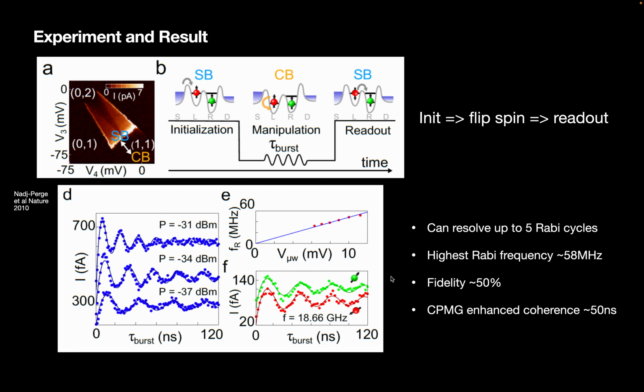They also try to use dynamical decoupling sequences, which is the CPMG sequence, to enhance the coherence time. The longest coherence time they observe is about 50 nanoseconds. And E is showcasing the positive relation between the driving amplitude and the Rabi frequency. And F essentially shows independent driving of spin in both dots.